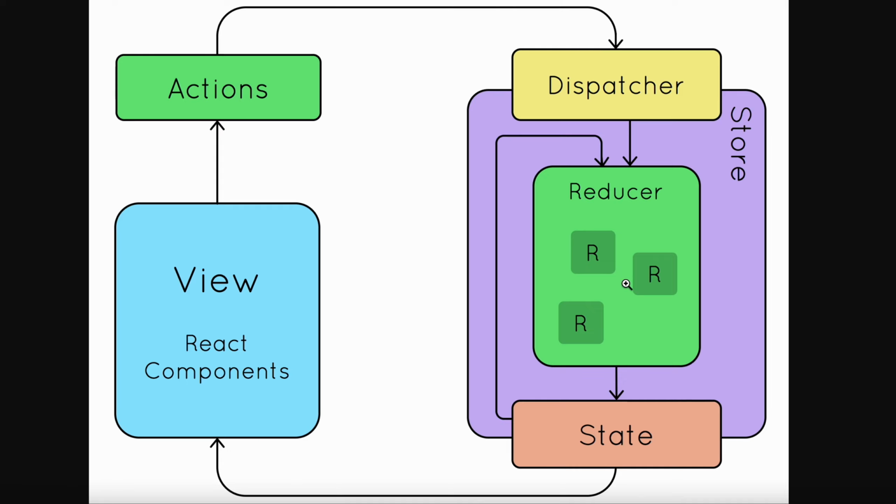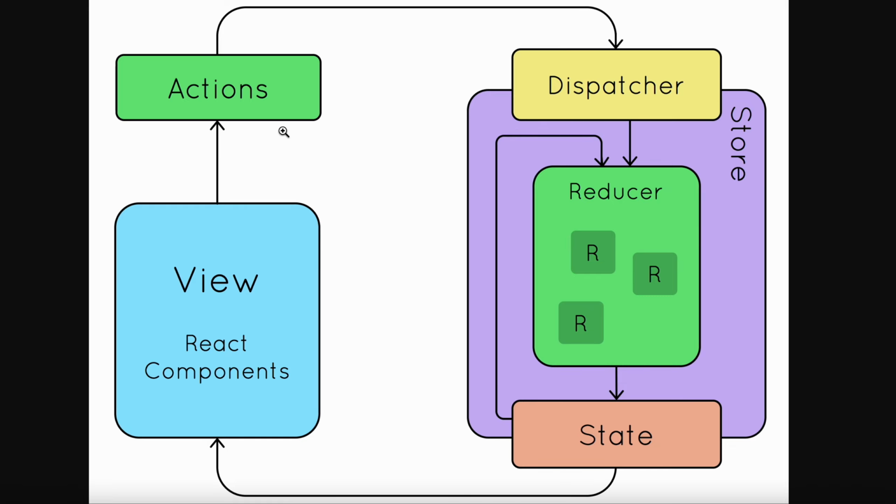Let's say you're doing a to-do list, so your to-do will be part of a reducer. You have a reducer which will have add to-dos, and this will take your state and the payload, whatever that is, to append it to your initial state. Then after it's in your initial state, it will be taken to the app.